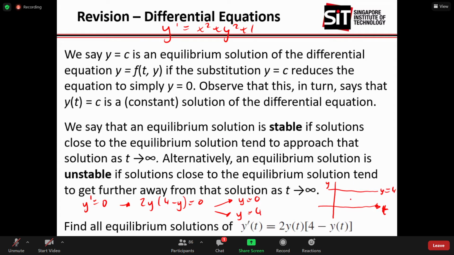So studying the equilibrium solutions, we will see that y equals 4 is a stable solution, while y equals 0 is an unstable solution, since when we are close to y equals 4, the function tends to go towards that value, while when we are close to y equals 0, the function tends to move away from that value.